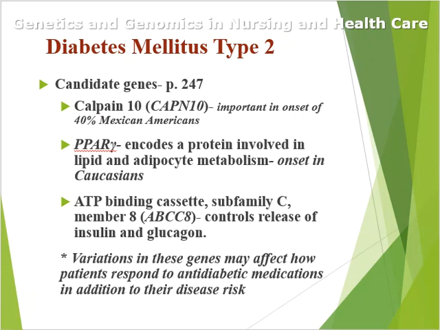So here we've got 3 different genes that all play a role in the development, with certain specific risks depending on the ethnic background or the genetic makeup of the individual. The variations in those genes affect their risk for diabetes, and they also affect how patients might respond to anti-diabetic medications.